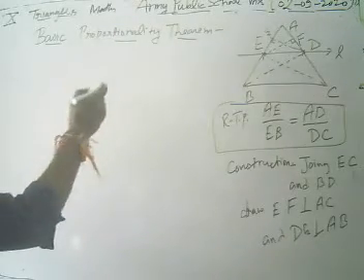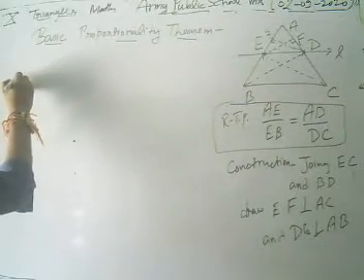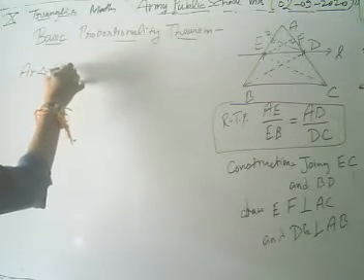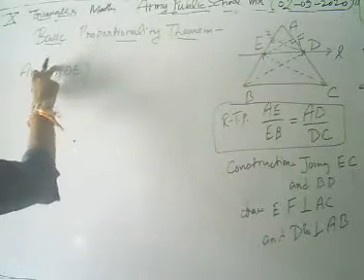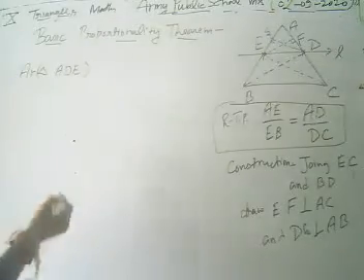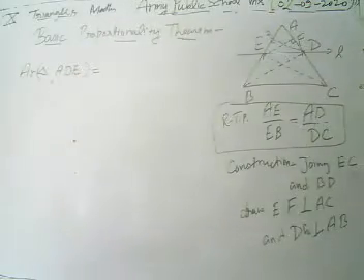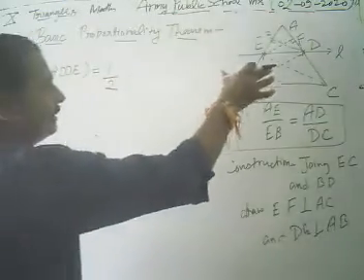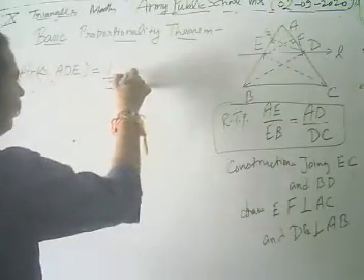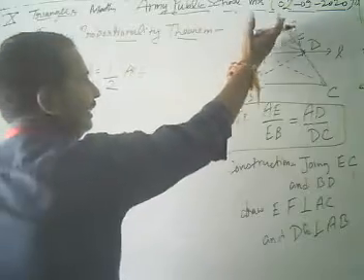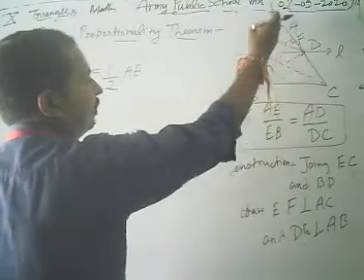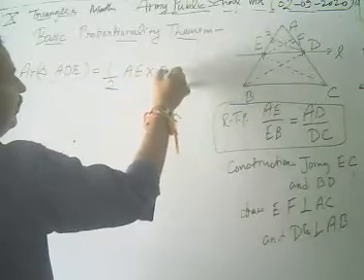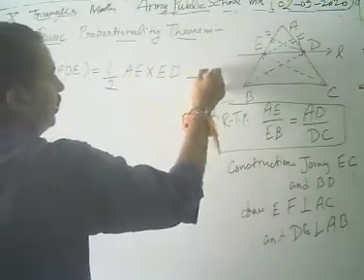First we find the area of triangle ADE. How can we get the area of any triangle? Half base into height. Here we take base AE and height ED. Take this as equation 1.